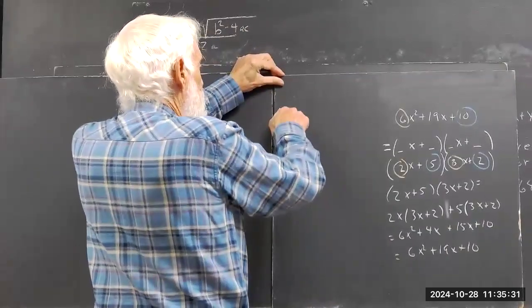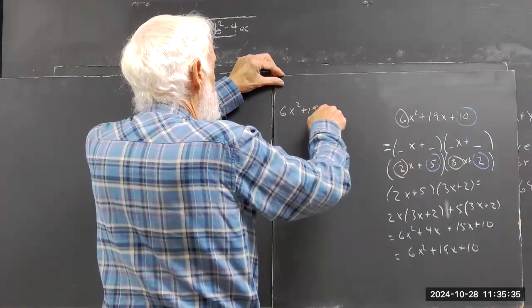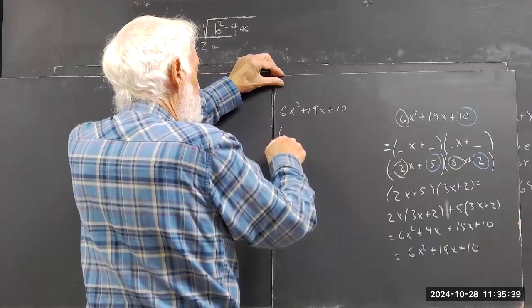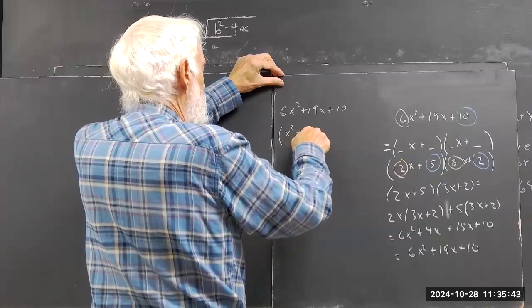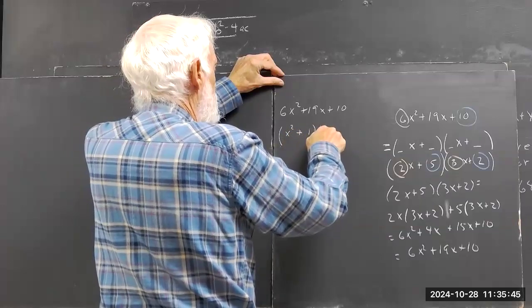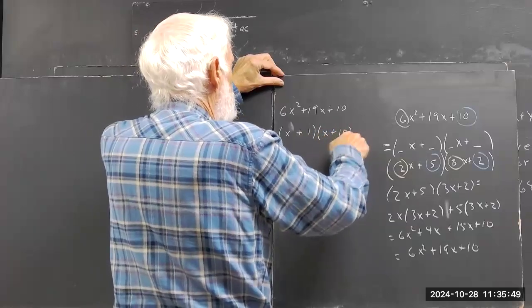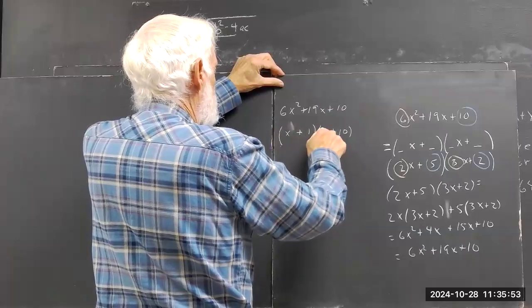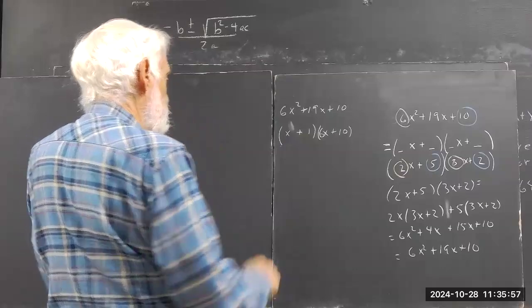So if we start with, I'll just list the possibilities. Could be x plus 1 times 6x plus 10.